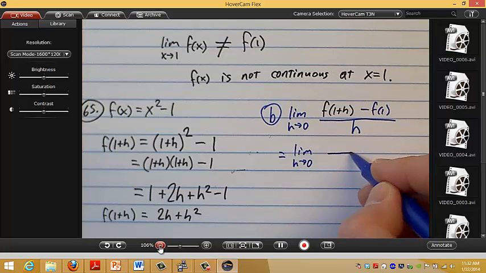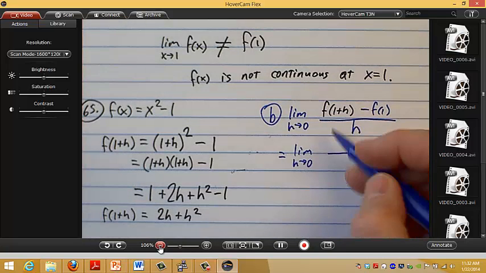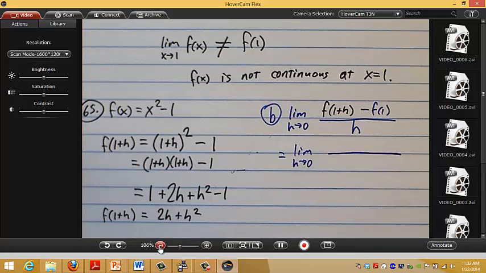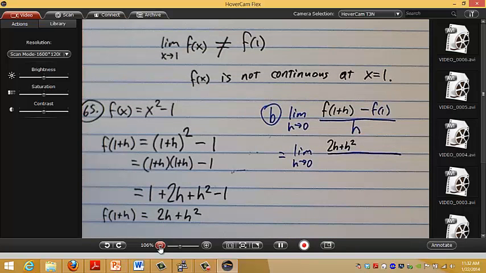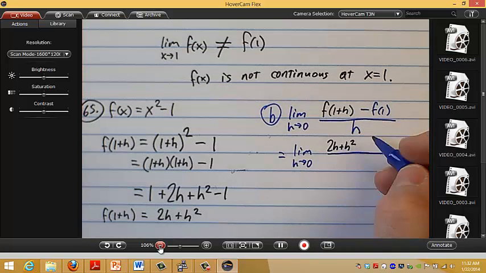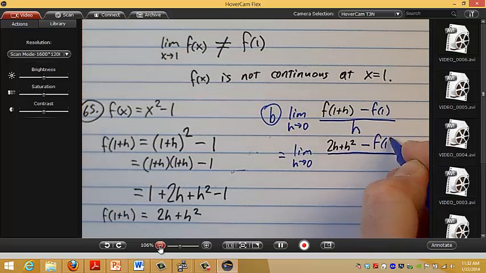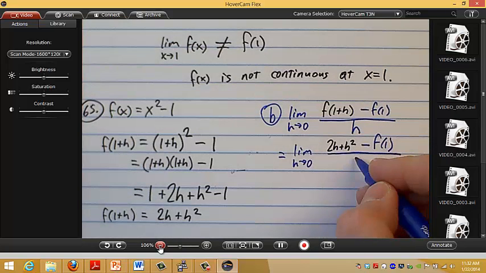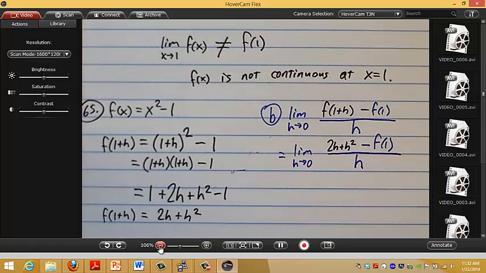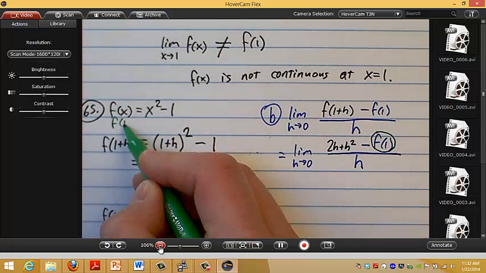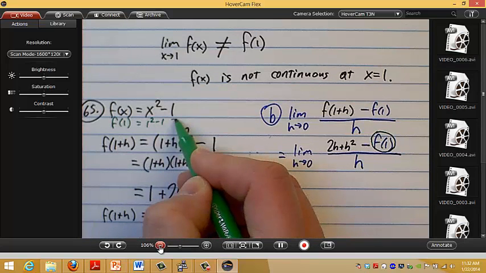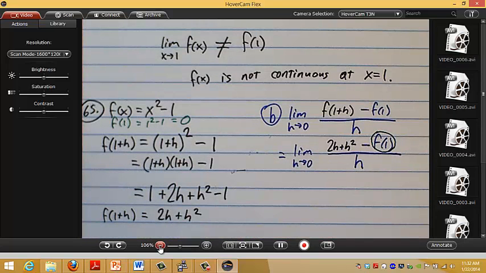Well, I can replace that f of 1 plus h with 2h plus h squared, and then minus f of 1 all over h. You know, I never computed f of 1. I should do that. Let's do that up here. What is f of 1? 0, right? F of 1 is 0.